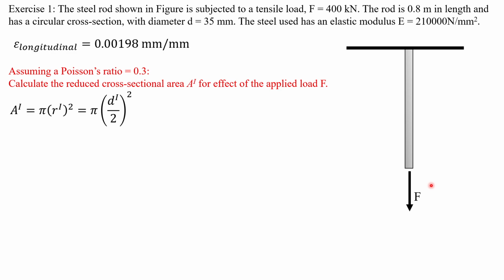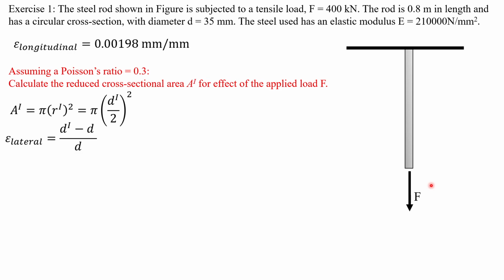I'm trying to calculate the reduced cross-sectional area, that's A_i, for the effect of the applied force F. We've got A_i equals pi r squared. That simplifies down to pi times d_i divided by 2 squared. And we don't have d_i, so we're trying to find d_i now.